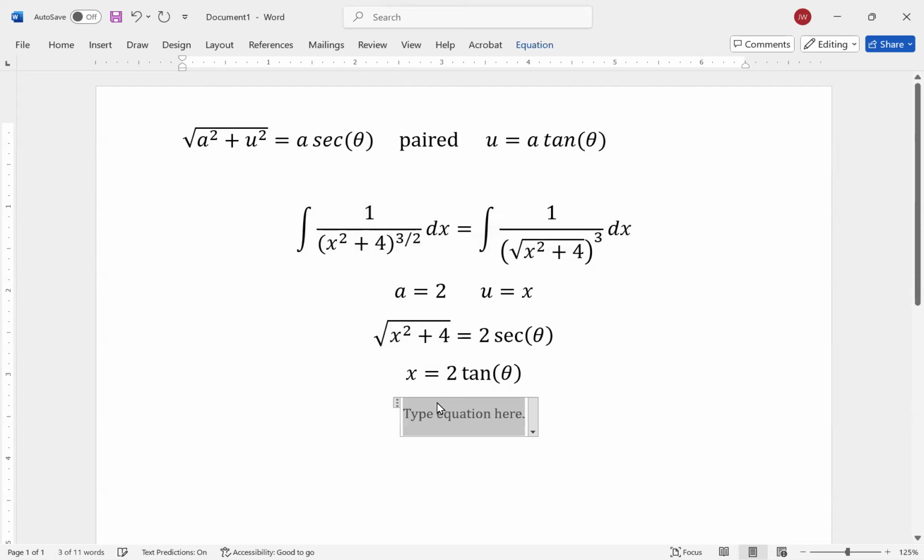And to do that, what I do is I take a derivative of x with respect to theta. I take a derivative of the left-hand side, derivative of x with respect to theta, and then a derivative with respect to theta on the right-hand side. The derivative of 2 times tangent theta is going to be 2 times secant squared of theta.